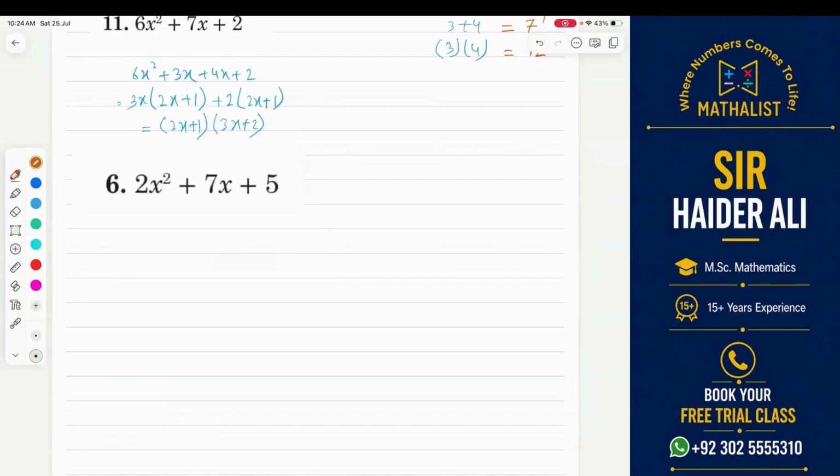Tell me. 5 and 2x squared? No. First of all, x coefficient.